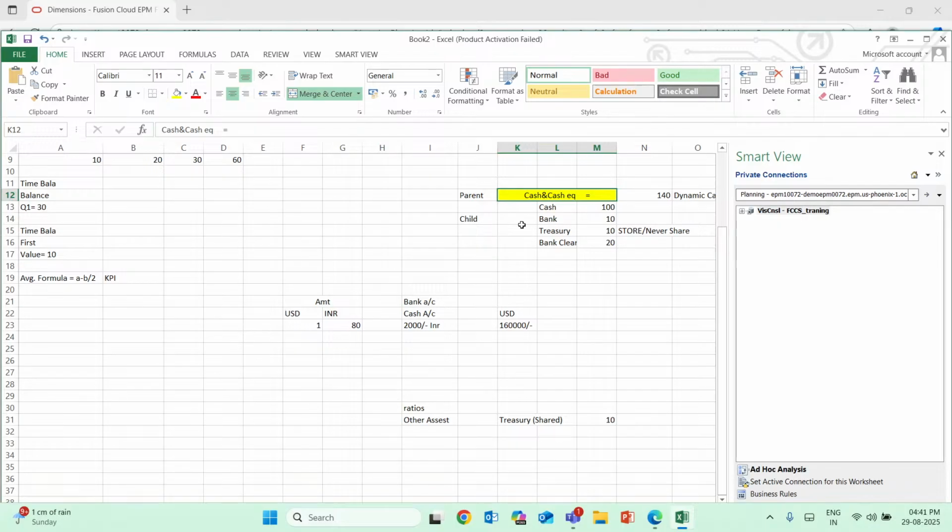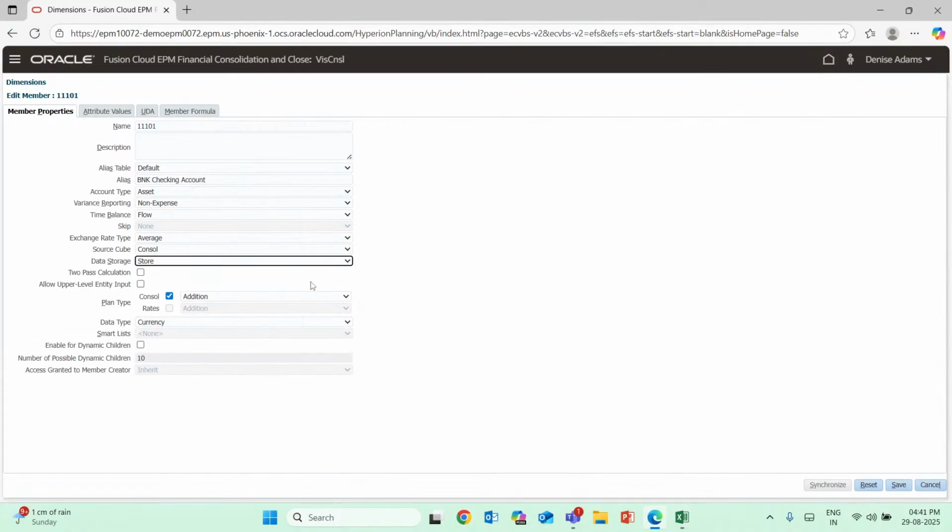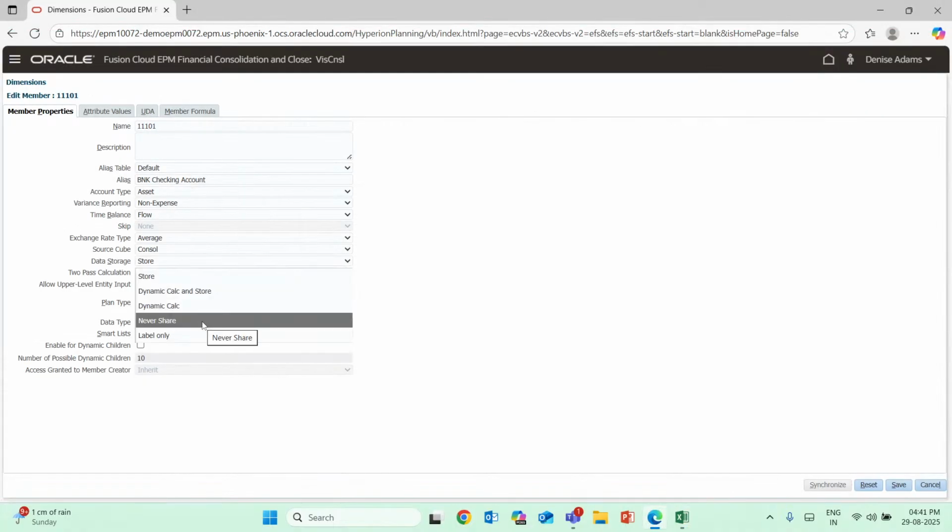That is the uniqueness between these two similar accounts. This is the difference between store and never share. But as such, in these base member accounts, we can use either store or never share.